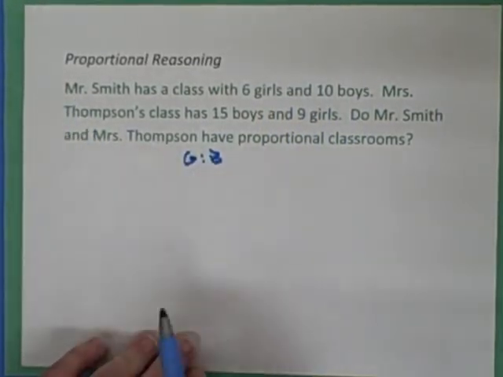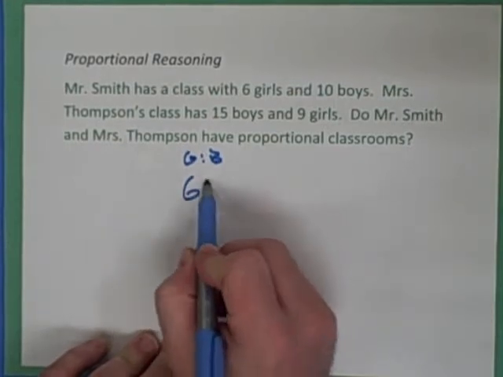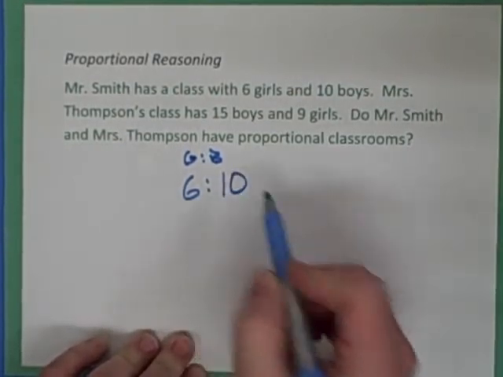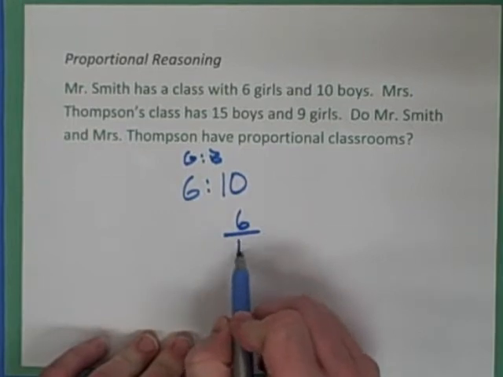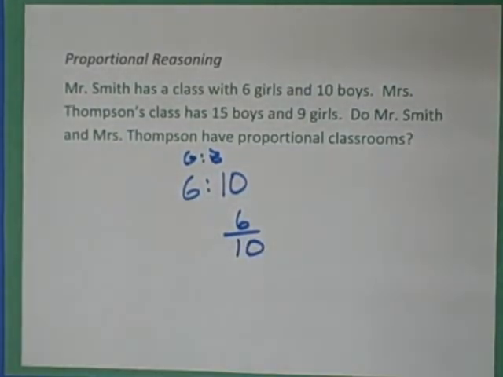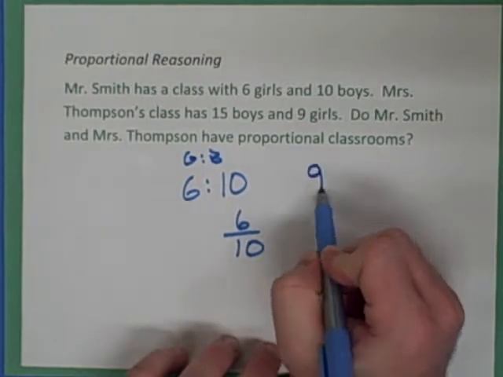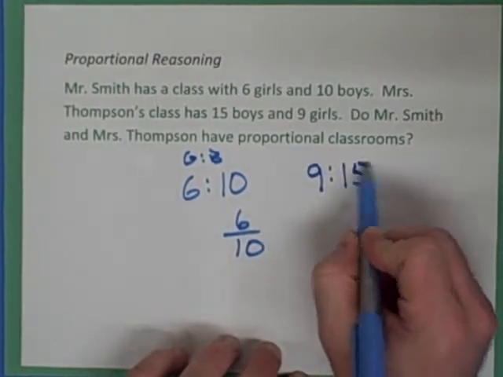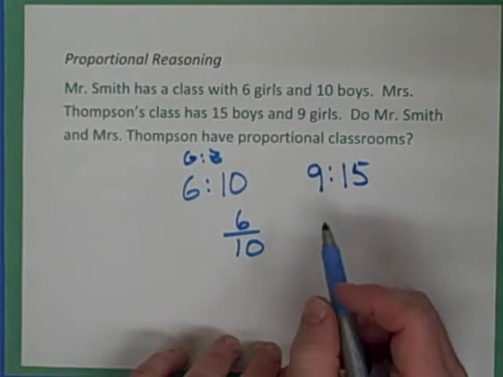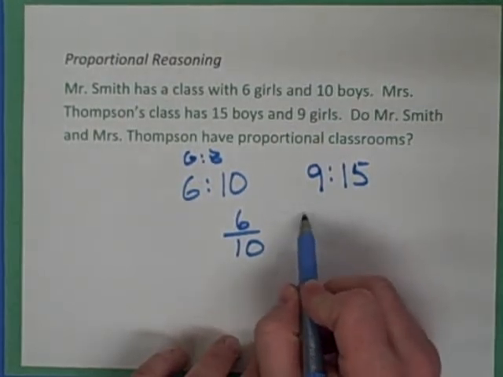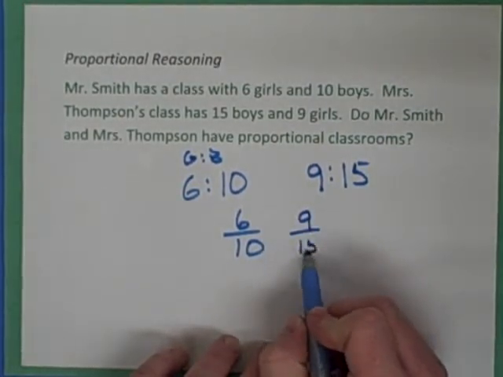The ratio in Mr. Smith's class is 6 to 10, and I'm going to write that as a fraction. In Mrs. Thompson's class, the ratio of girls to boys is 9 girls and 15 boys, and I'm going to write that as a fraction as well, 9 to 15.